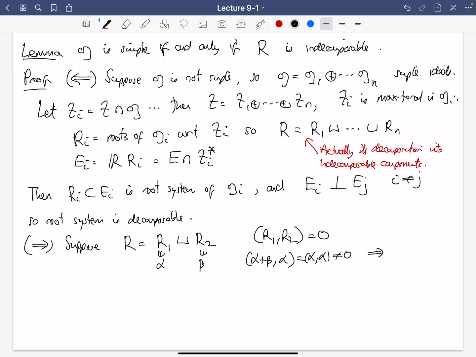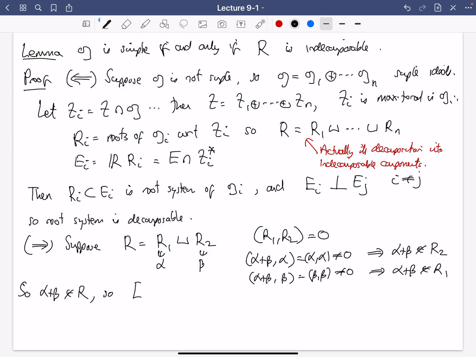That shows that alpha plus beta is not in R2, right? Because things in R2 are orthogonal to everything in R1. And similarly, the inner product of alpha plus beta with beta is the inner product of beta with beta, which is not 0. So that shows that alpha plus beta is not in R1. So actually, we've shown that alpha plus beta is not in R.